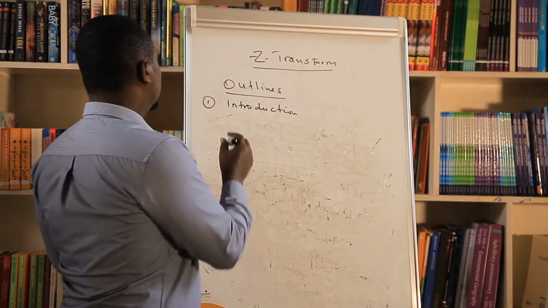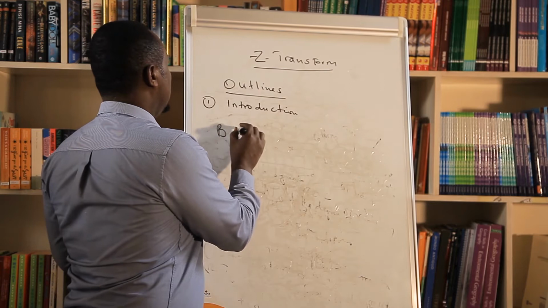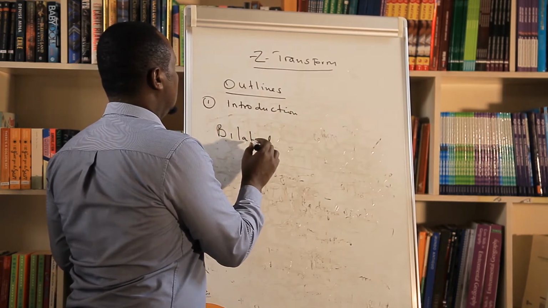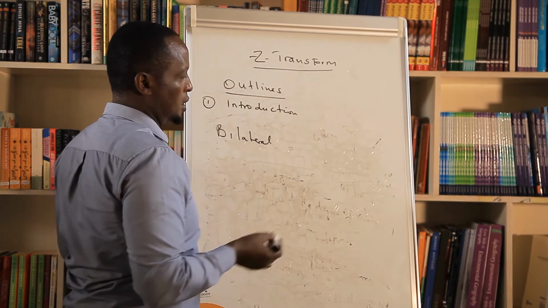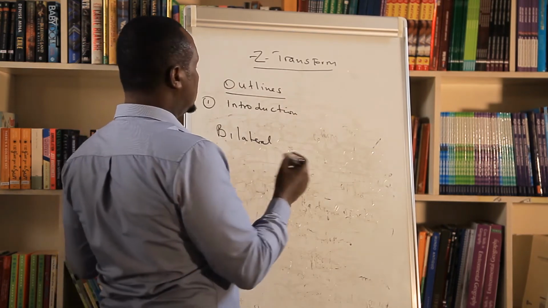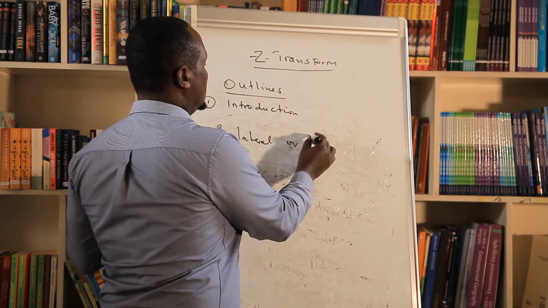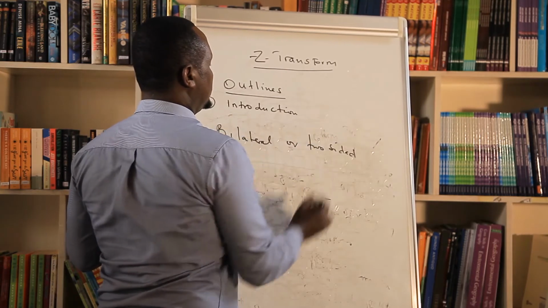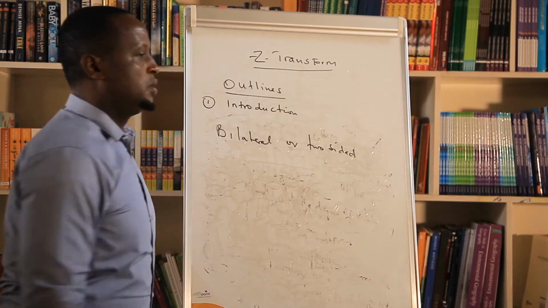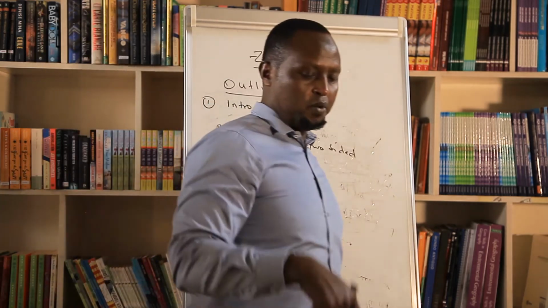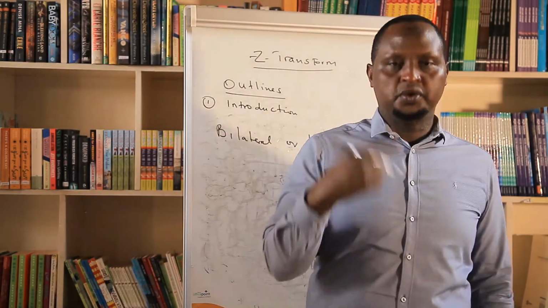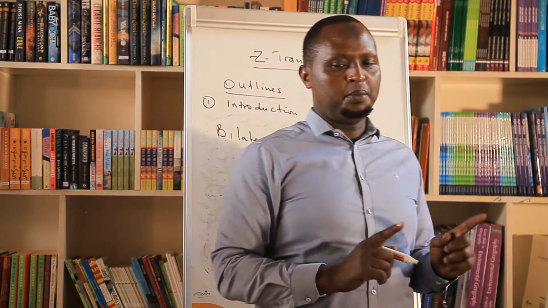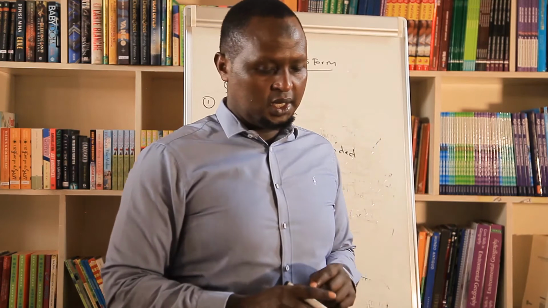It can be the bilateral Z transform, or two-sided. Before we began this chapter, if you can recall from the previous chapter, I talked about the double-sided, the single-sided, and so on.